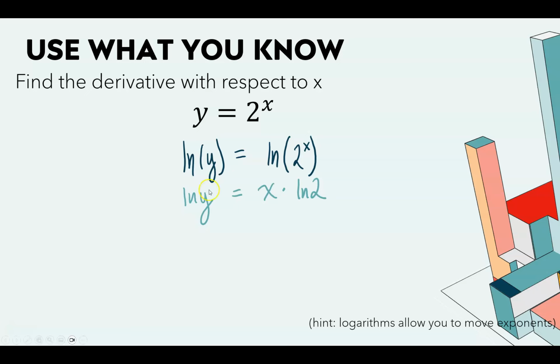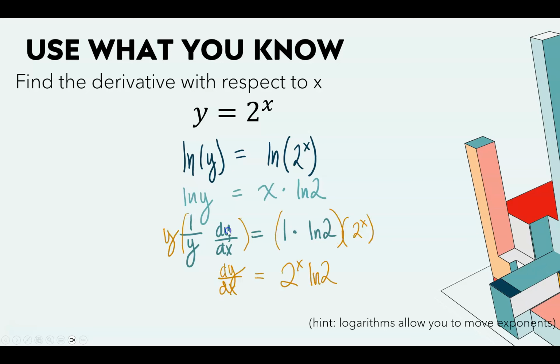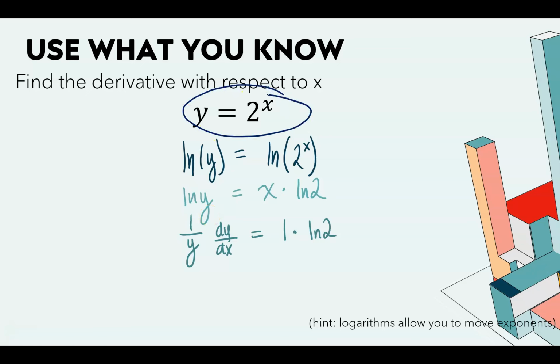Okay, so on the left-hand side, derivative of natural log of something is 1 over that something. That something is y, which has a rate of change dy dx. So we're going to multiply both sides by y, and way up top, y is equal to 2 to the power x. So on the left-hand side, we'll multiply by y, and on the right-hand side, we'll multiply by what y is equal to, 2 to the power x.